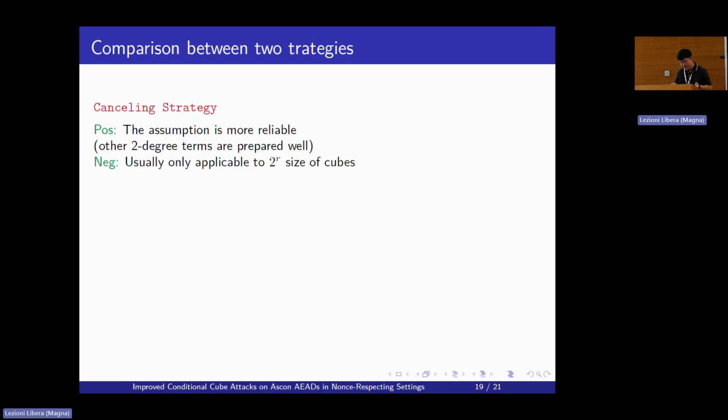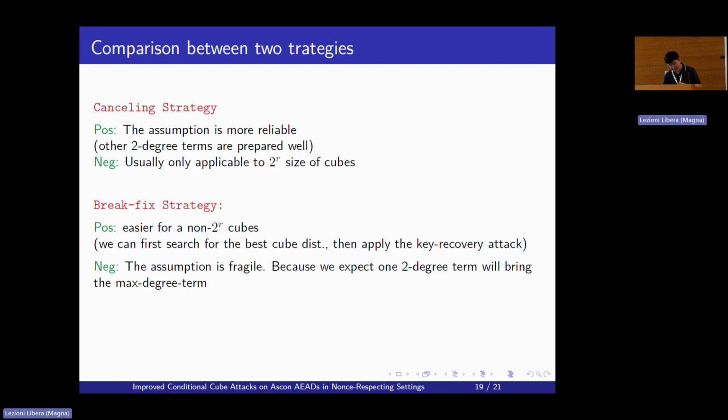Let's do a simple comparison between the two strategies. For the traditional cube attack with the canceling strategy, the assumption is more reliable because other 2-degree terms are already prepared, but the negative is that it is usually only applicable to 2R-size cubes. For our strategy, it's easier for non-2R cubes.